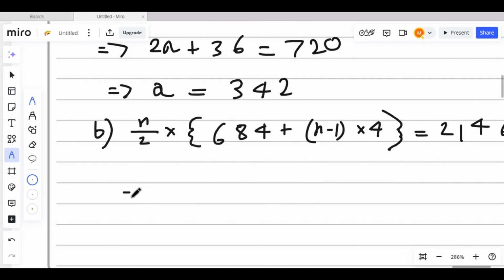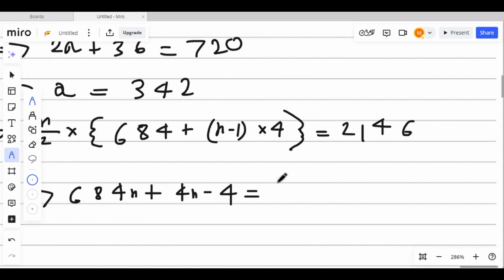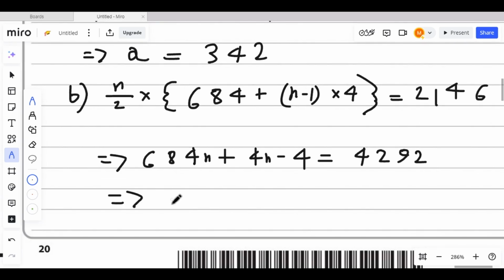Okay, so multiply both sides by 2, so you'll get 684n plus 4n minus 4 equals 4292. 2146 multiplied by 2, that's how we got 4292. Okay, now what we can do is take everything to the same side.